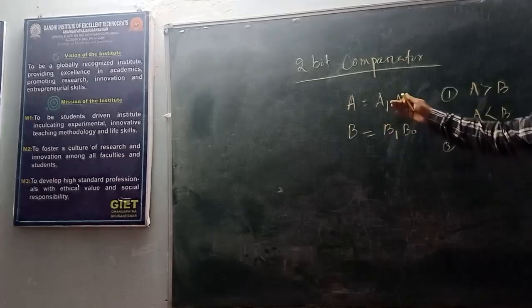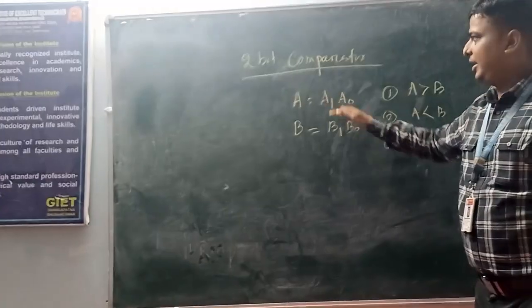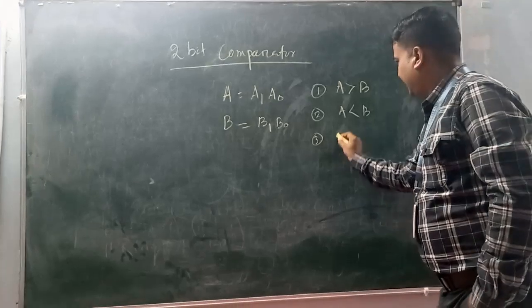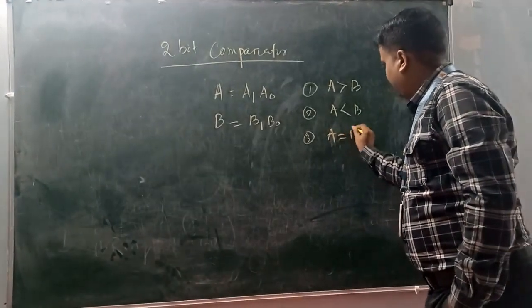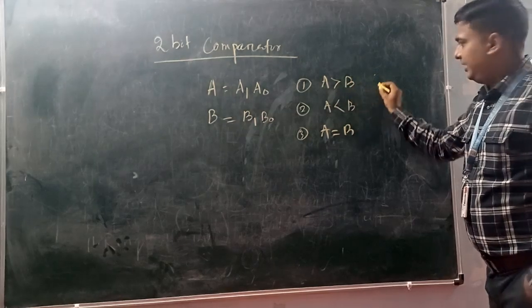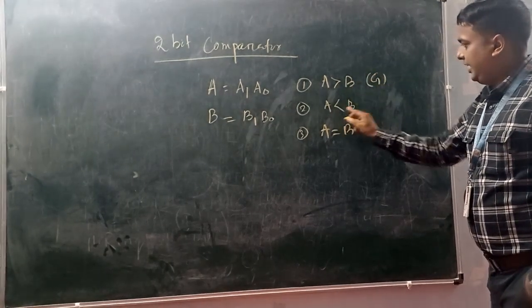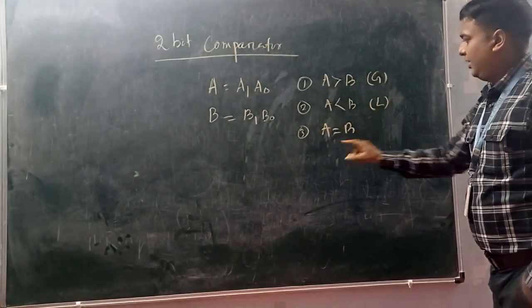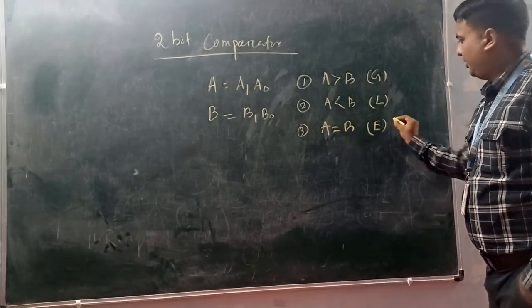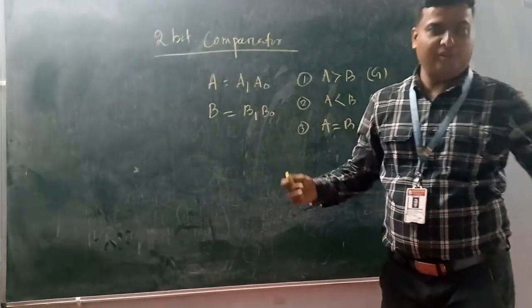So these are the 3 conditions when we are comparing 2 numbers. A greater than B is denoted as G, A less than B is denoted as L, and A equals B is denoted as E. So one by one I will discuss it.